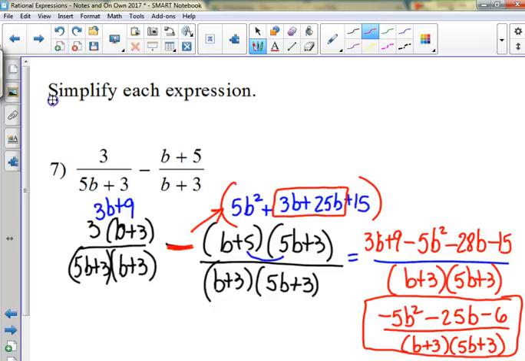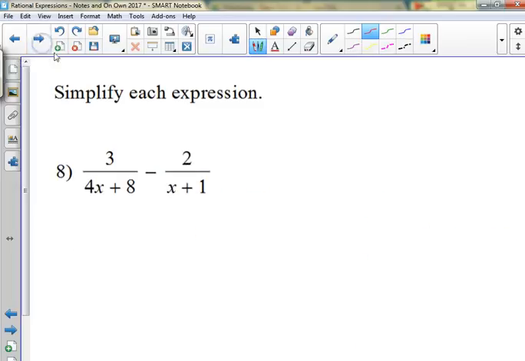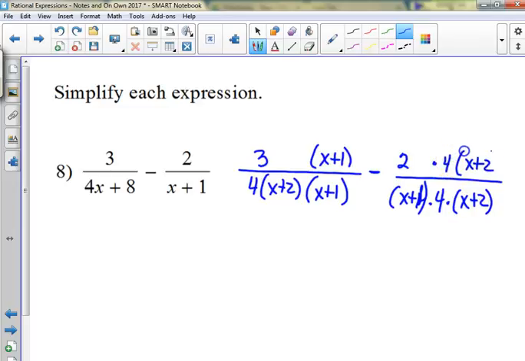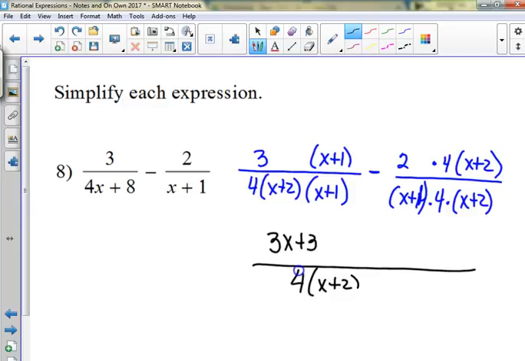All right, try number 8 real quick on your own. The way I wrote it, I'm thinking here, I might just distribute this as a -8.